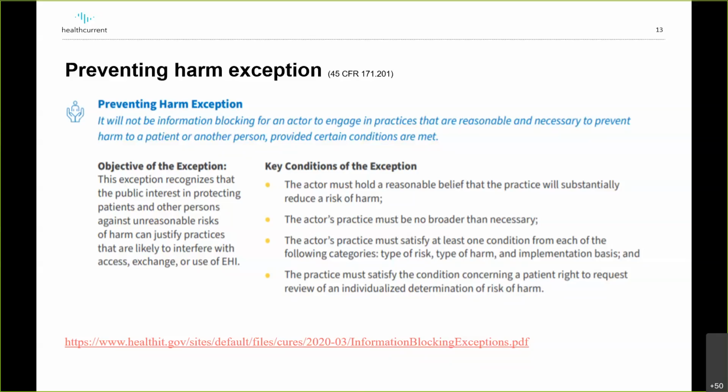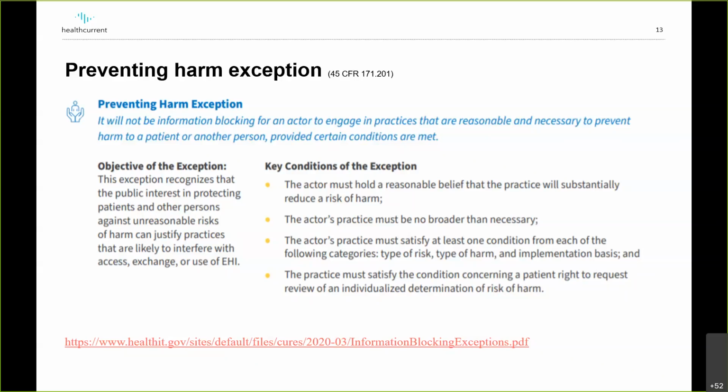And if you are a healthcare provider that's operating an HIE, and many healthcare providers, especially large systems, do, or you're a health IT developer of certified health information technology, you won't get potentially penalized up to those $1 million per violation. And that's why it's worth taking a look at your practices that affect EHI and seeing what you need to do to qualify for one of these 8 regulatory safe harbors.